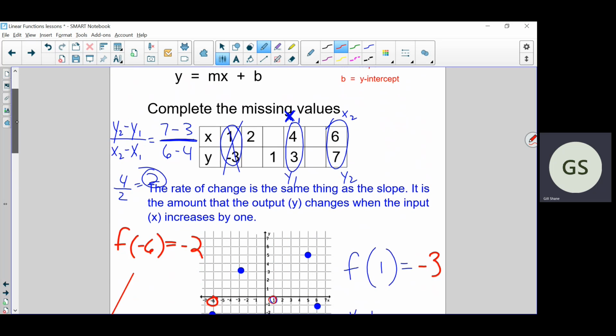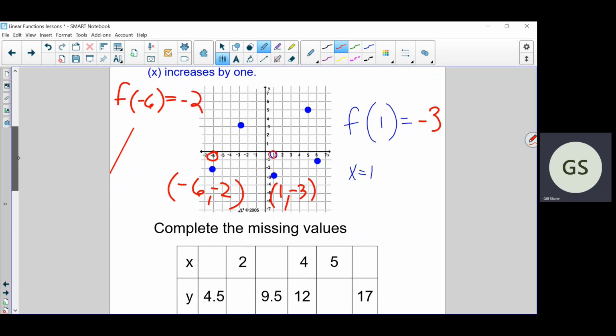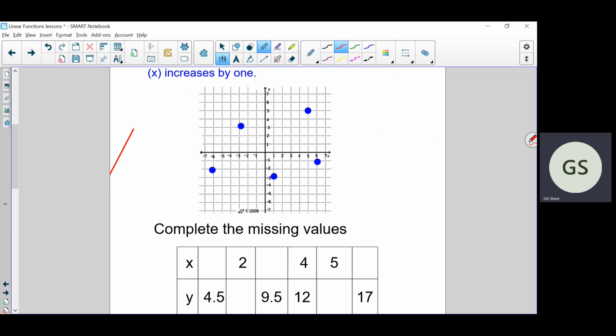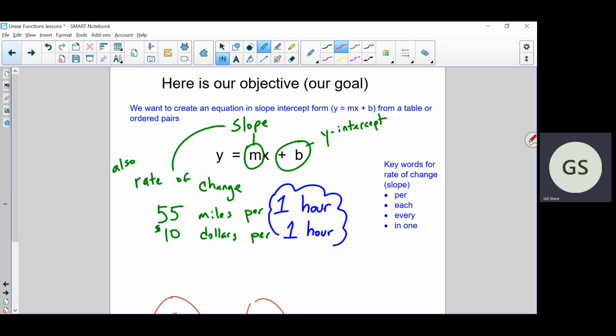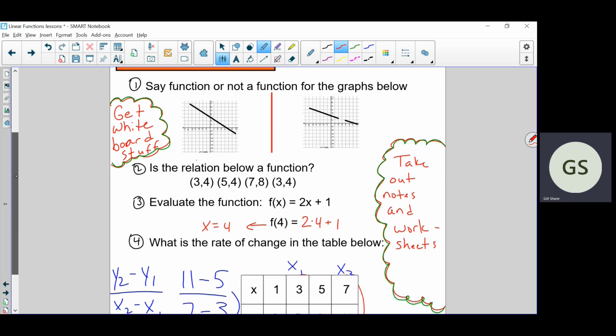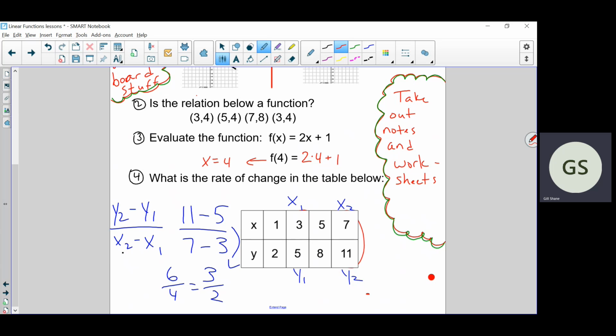I wanted to use this graph here. So we have this graph, right? We figured out the rate of change is this. That's the rate of change. We figured that out by using the formula, and that will be your first step.